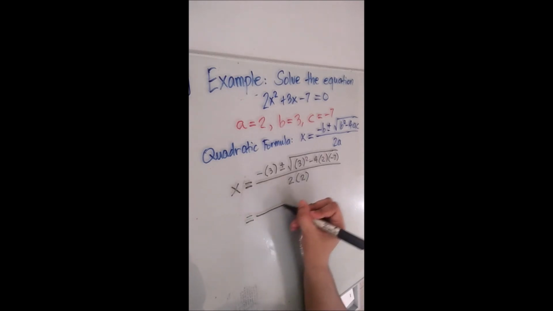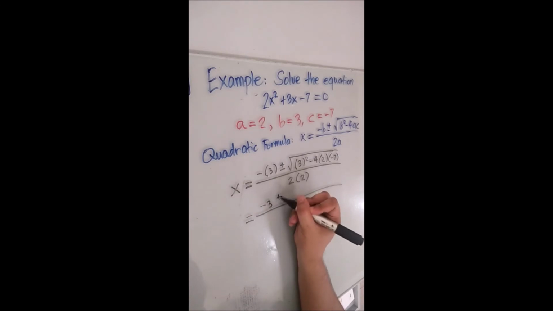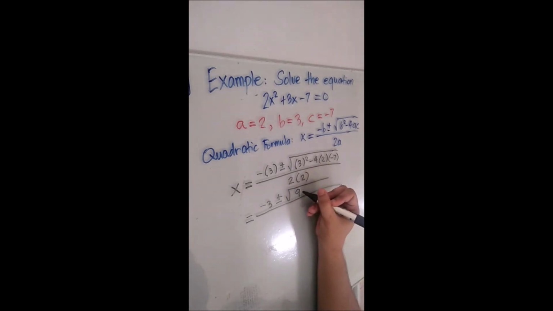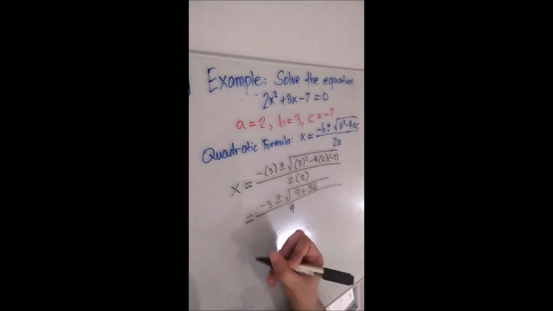Okay, now simplify. We have negative 3 plus or minus square root of 9 plus 4 times 2 times 7, since negative times negative is positive. 4 times 2 is 8, times 7 is 56, all over 4.